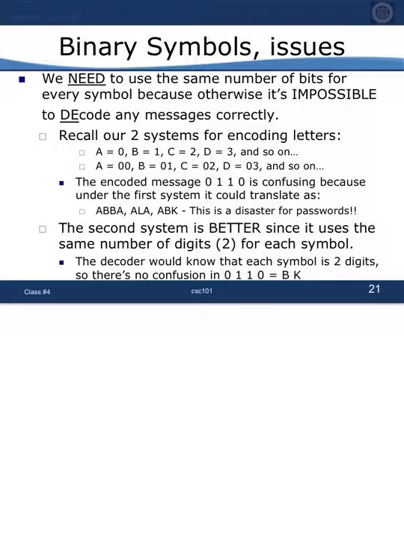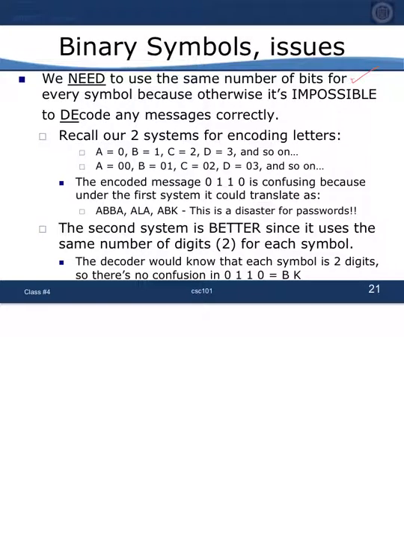Well, I think we might see in the example that the punchline is actually going to be that while it's appealing to be as brief as possible, we really do need to use the same number of digits, or bits as it's going to be for us, for every symbol, because otherwise decoding these characters correctly is going to be impossible.